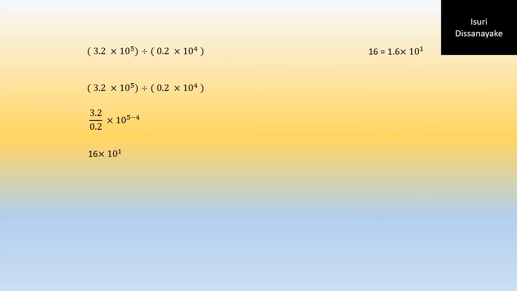Let's write 16 in standard form, which is 1.6 into 10. Let's link this with the original answer, that is 16 means 1.6 into 10 to the power 1. Along with this 10 to the power 1 that is in the answer, altogether 1.6 into 10 to the power 2 is the answer.